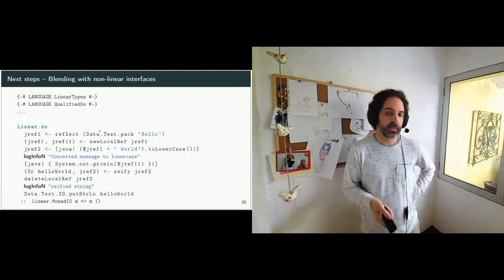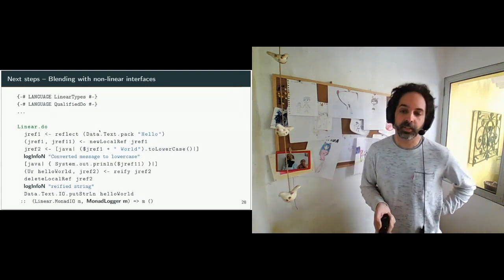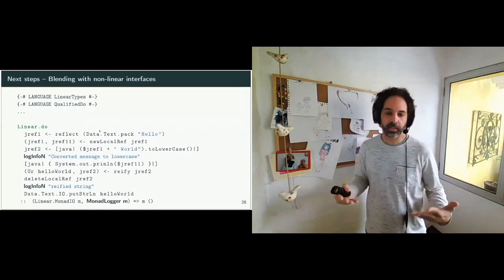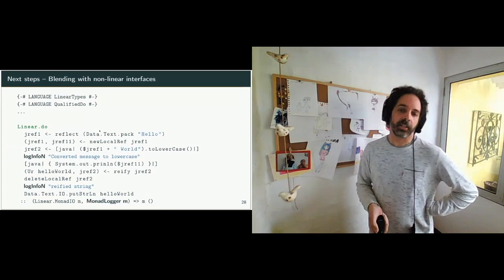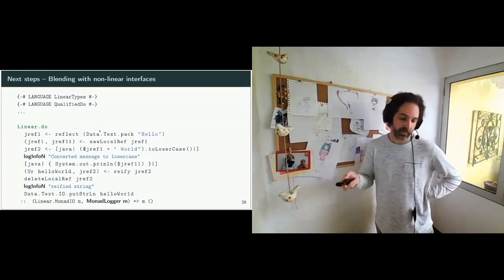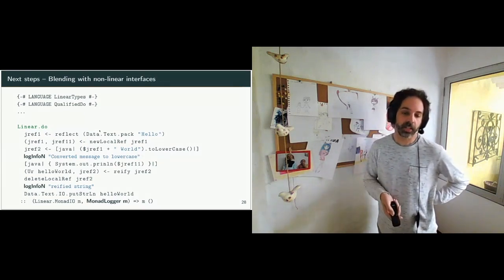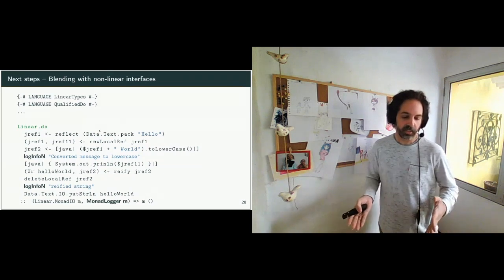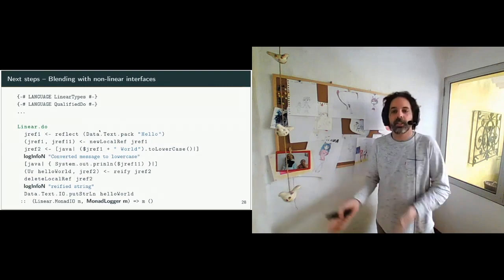If I wanted to implement some logging in our hello world example, then probably we would need some glue to compose the two interfaces together. This is just an example of the problem of composing linear and non-linear functions that could express itself many times. And there are efforts to try to unify the code that we have in the base libraries that is perfectly linear, but GHC just doesn't know it yet.